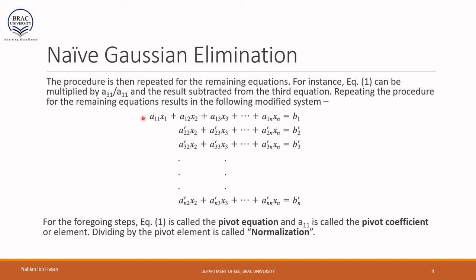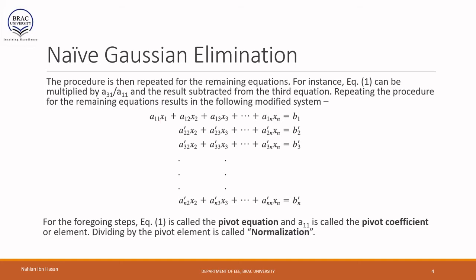In all of these multiplications we multiply the first equation by some coefficient divided by a11, so in the denominator we always have a11, and that's why it is called the pivot coefficient. Dividing by this pivot element is also known as normalization.